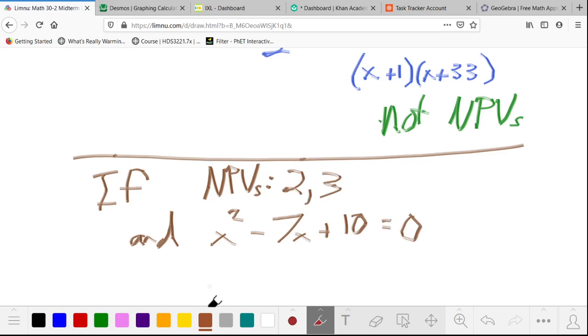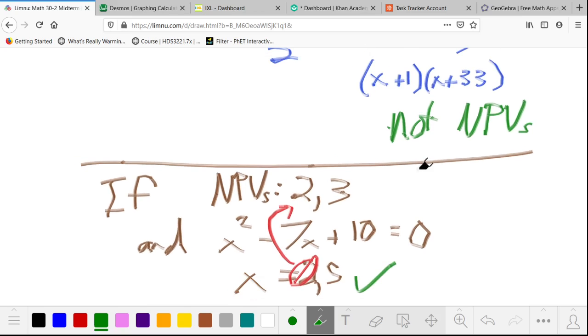We have this equals 0. Factoring this out, our x would be 2 and 5, because 2 times 5 is 10, 2 plus 5 is 7. So we have x minus 2 times x minus 5. And then we would have to reject the 2 because it's an NPV, but we could keep the 5 because it's not. So we always have to check our NPVs.